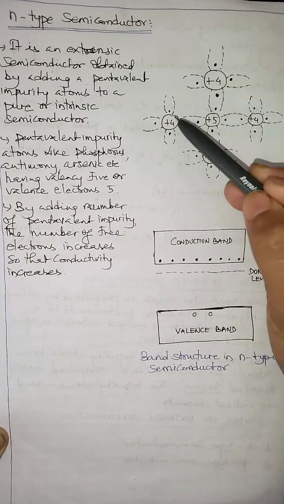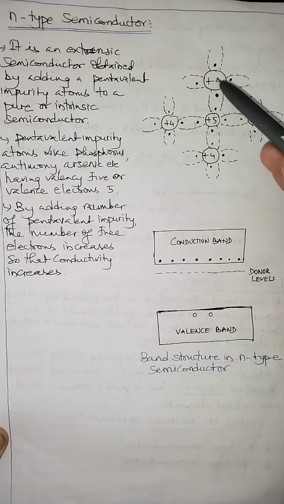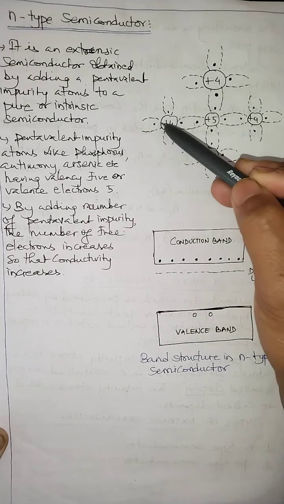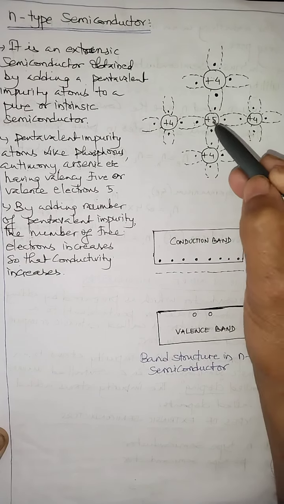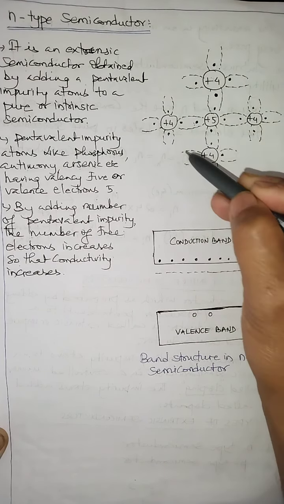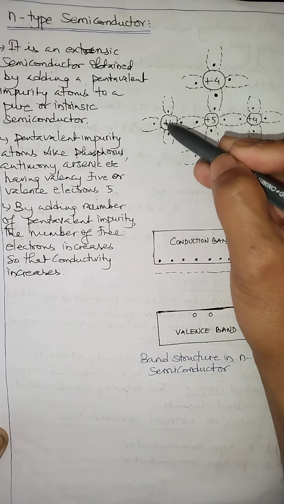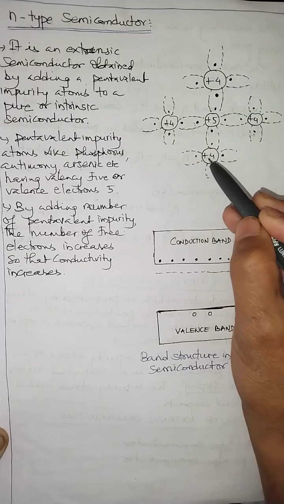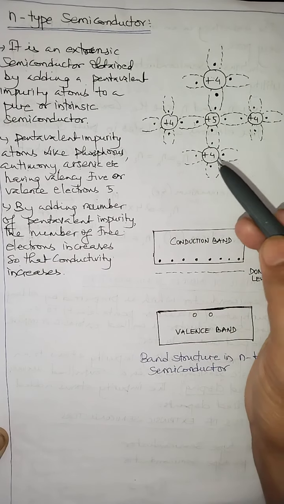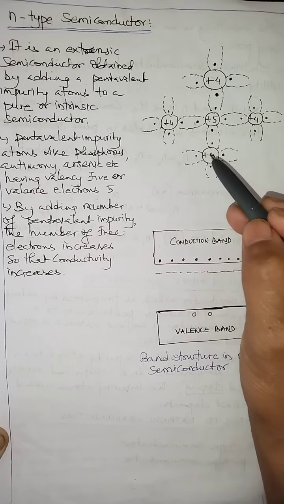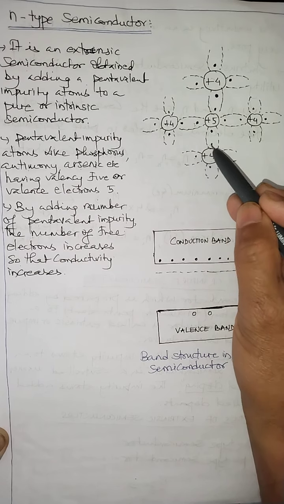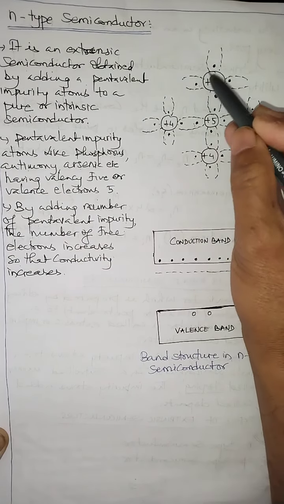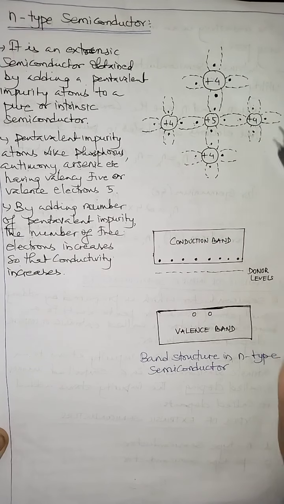These are all intrinsic or pure semiconductors, made up of silicon or germanium atoms, valency 4. Every pure intrinsic semiconductor has 4 valence electrons in the outermost orbit, like 1, 2, 3, 4, and so on.